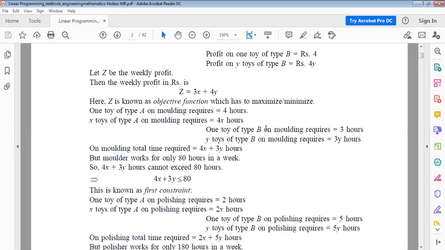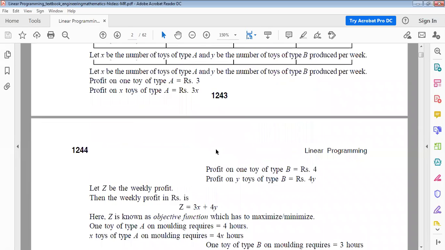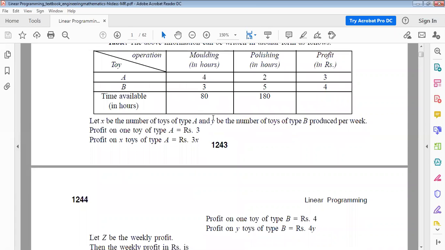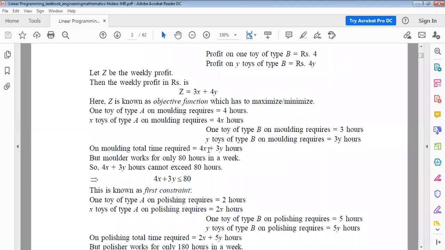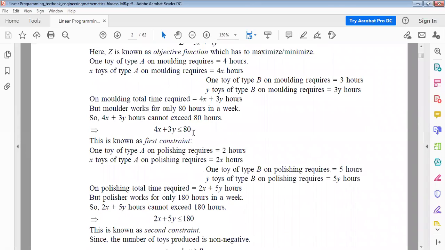One toy of B type molding requires 3 hours, and Y toys of B molding requires 3Y hours. So total molding hours: 4X for A and 3Y for B. So total hours for molding 4x plus 3y, but it cannot exceed 80 hours because total molding is 80 hours. Understand? So 4x plus 3y less than or equal to 80. This is known as the first constraint.